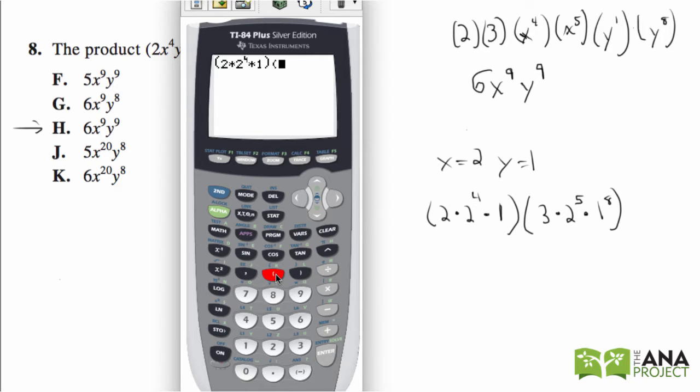And then next parentheses, times 3 times 2 to the 5th times 1 to the 8th. Again, 1 to the 8th is just 1, and we get 3072.